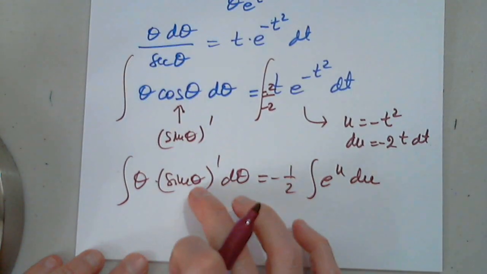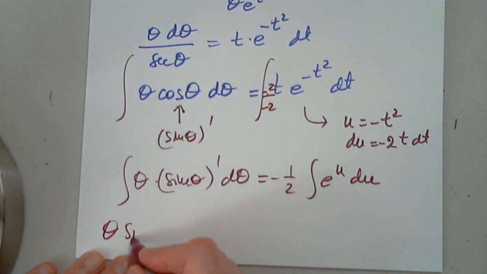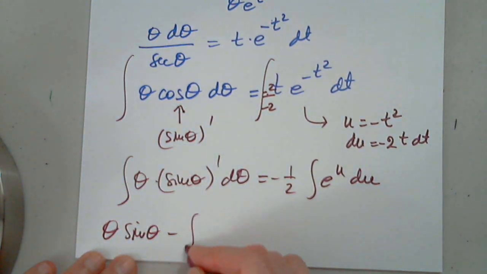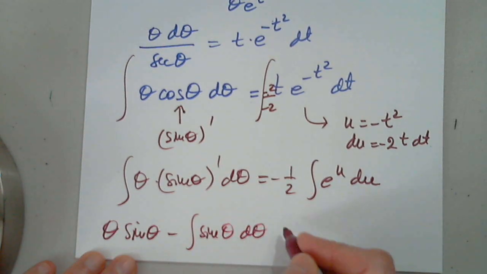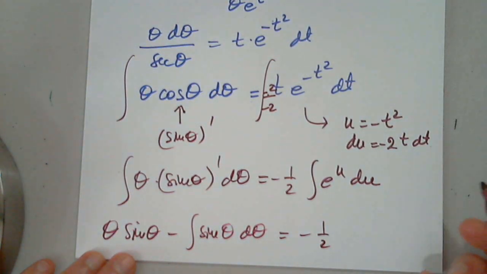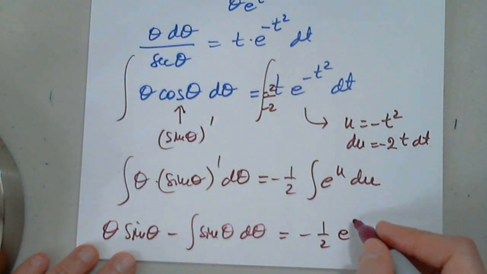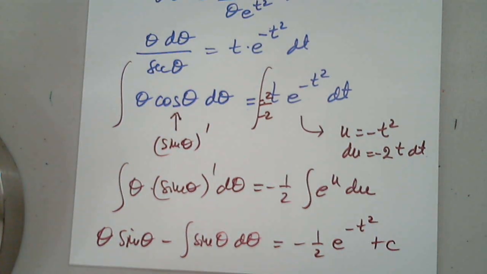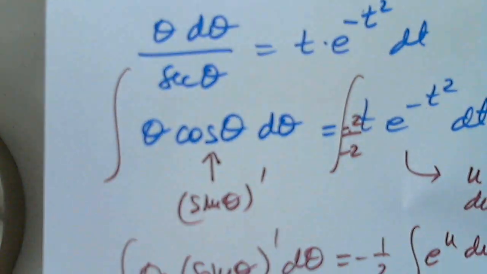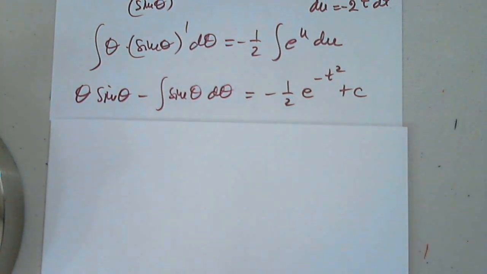Good, we apply the integration by parts here, so theta sine theta, minus this one prime now, the integral of sine theta d theta equals negative 1/2 e to u plus a constant c, but e to u will be negative t squared plus a constant c. One more step here. So we're on page 4.